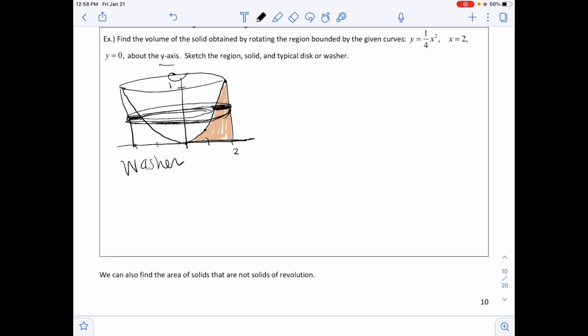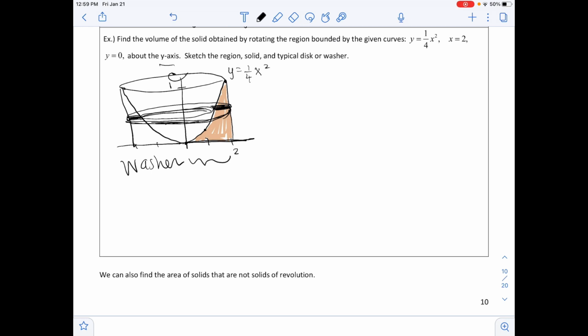And so with washers, we have to talk about the inner and the outer radius. The inner radius is determined by that function that we have, and our function was y equals 1/4 x squared. And then the outside radius is determined by that vertical line that we had, which was just at x equals 2, and that never changes.